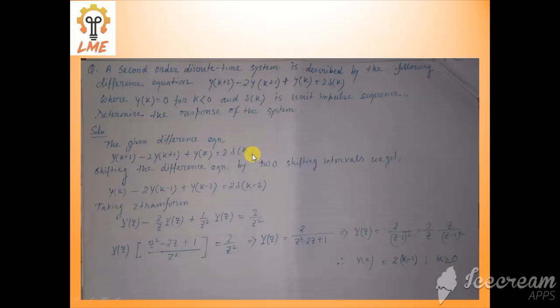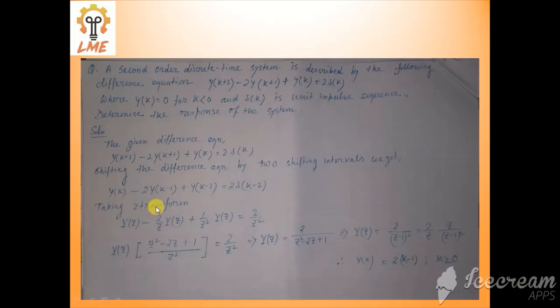Now just put k equal to k minus 2 everywhere, then you will get this equation: y(k) minus 2y(k minus 1) plus y(k minus 2) is equal to 2 delta(k minus 2). Now perform the Z transform.